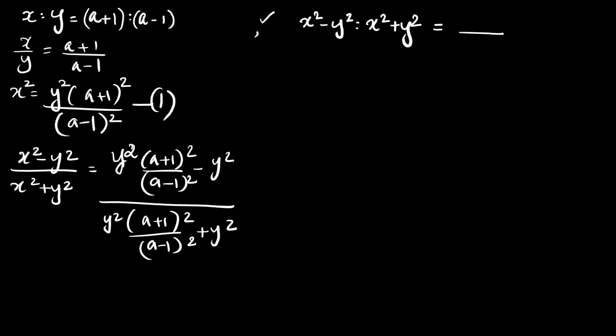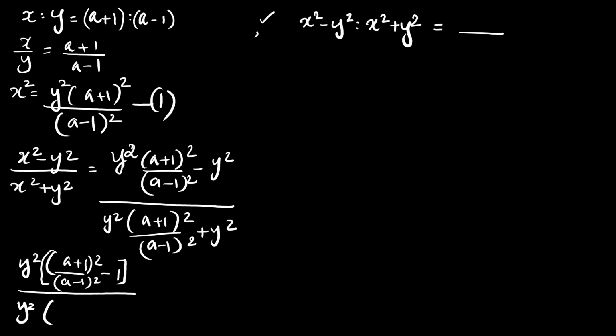Now we will take y square as common, that is a plus 1 whole square by a minus 1 whole square minus 1. Denominator is y square into a plus 1 whole square divided by a minus 1 whole square plus 1.